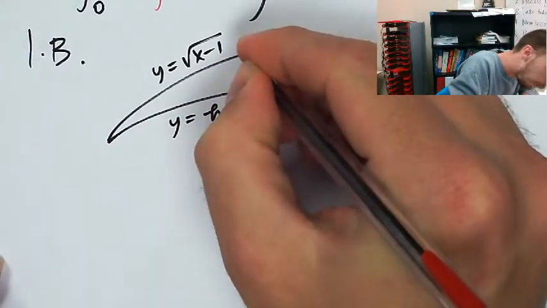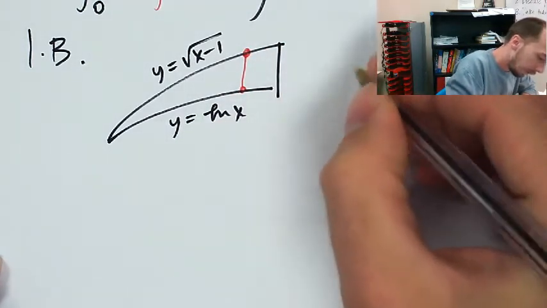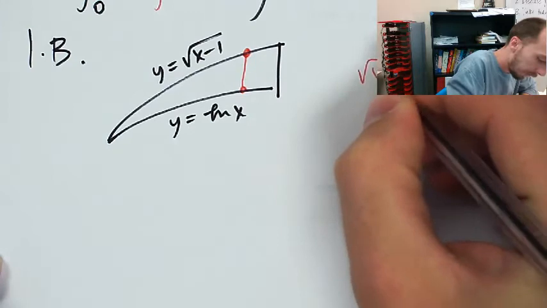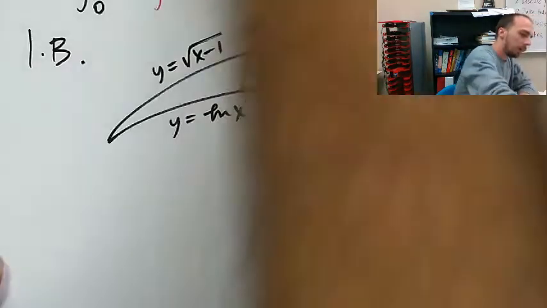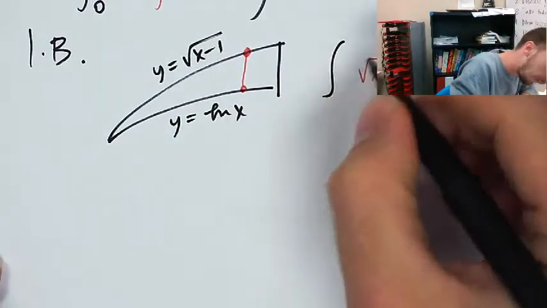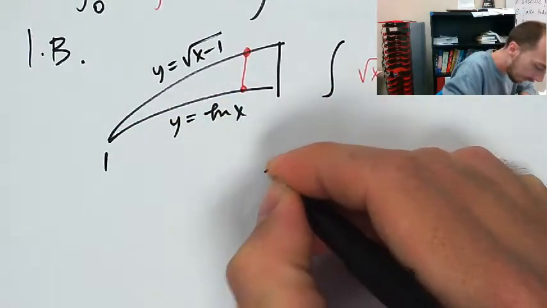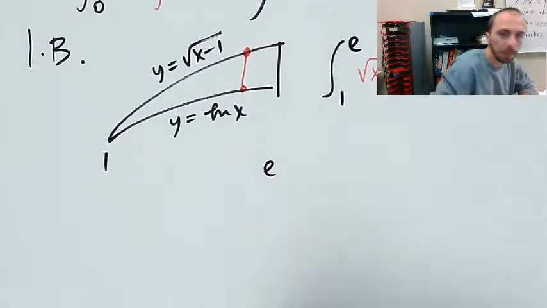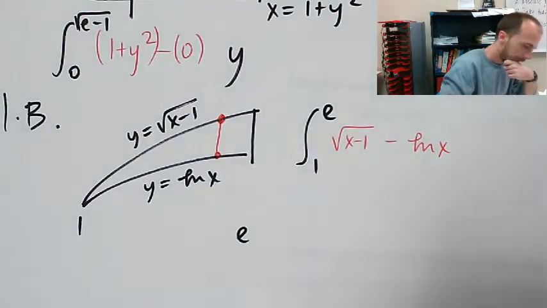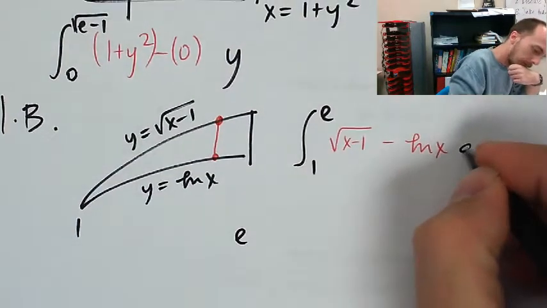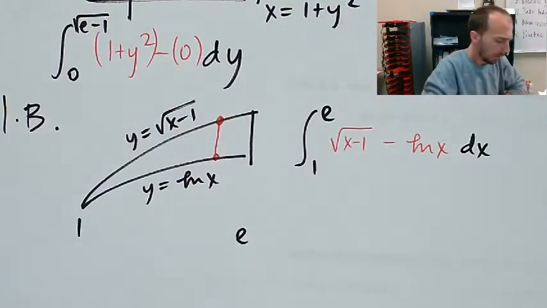So my representative piece here is going to be the square root of x minus 1 minus log of x. And so we will integrate that as x runs from, where does it start? Starts at 1 and ends at e. You couldn't even see that. Whoops, and there should be a dx there. Oh, that's very sloppy. That should be a dx.